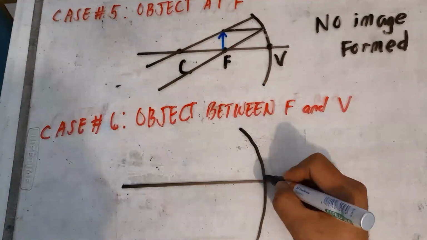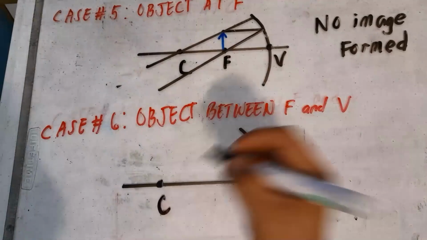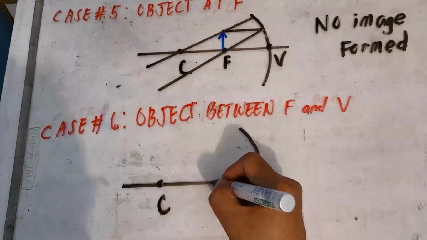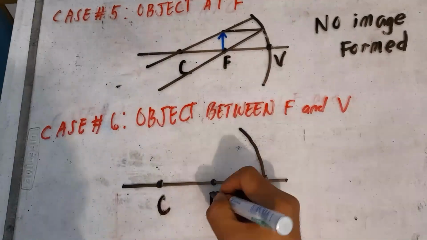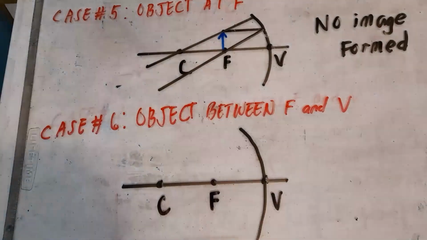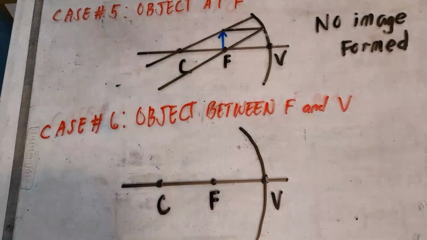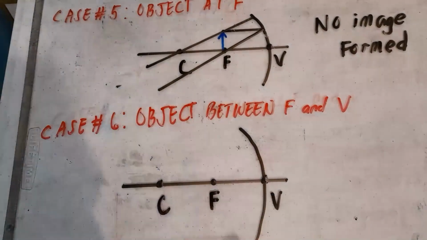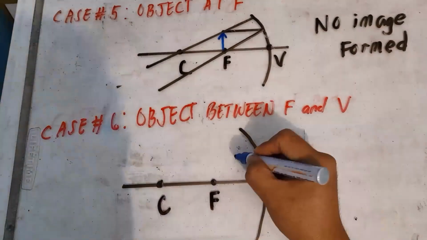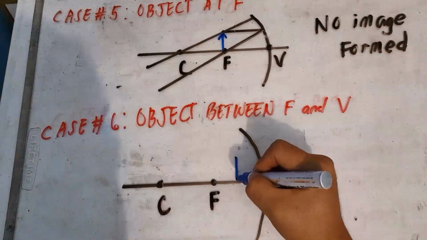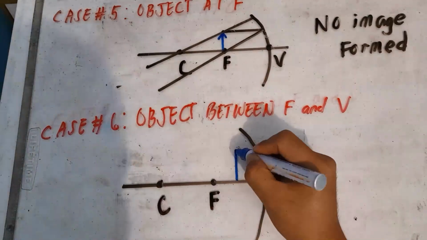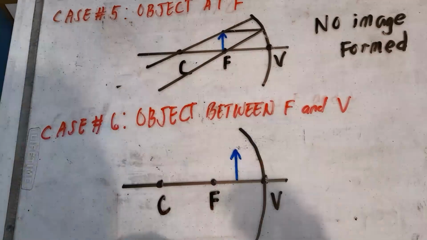Locate the vertex, the center, and the focus. Again, the focus is directly at the middle of the center and the vertex. And our object is here, between the F and V.